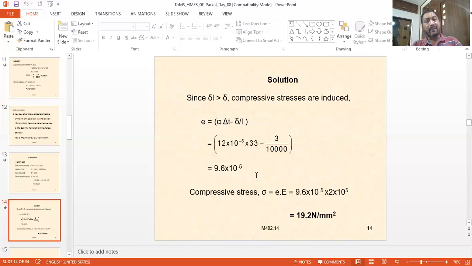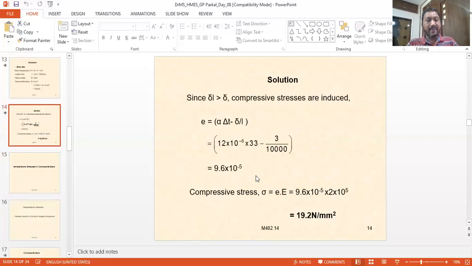The amount of compressive stress is equal to strain into Young's modulus. The strain value we know is 9.6 into 10 power minus 5, and Young's modulus is given as 2 into 10 power 5. By substituting those values in the equation, the compressive stress is equal to 19.2 newtons per square millimeters.